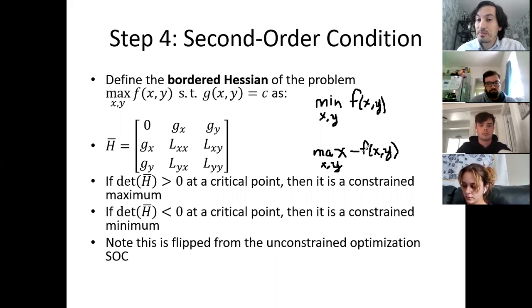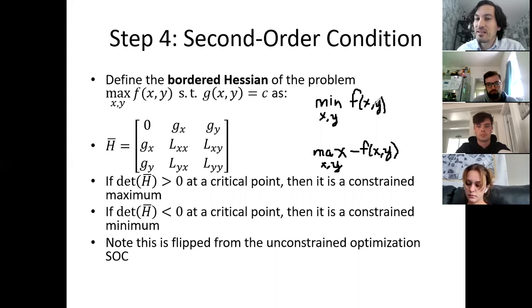Yeah, it exactly flips it in exactly the right way. If you had a second order condition that said before, how do we know that's truly a minimum? Well, f has to be convex. How do we know this is truly a maximum? Well, f has to be concave.